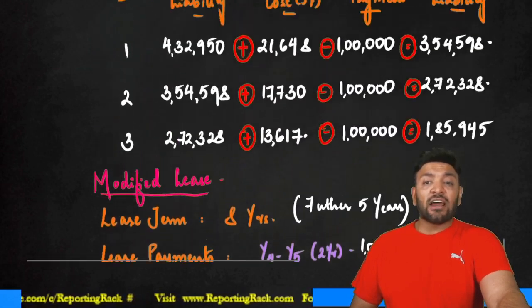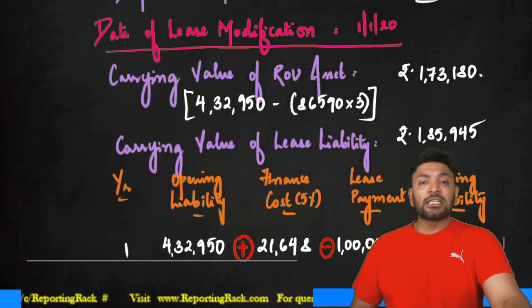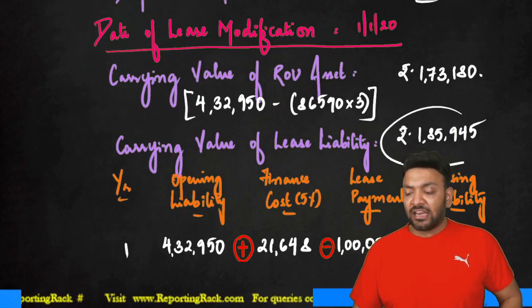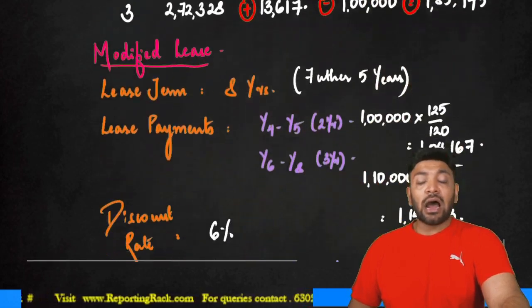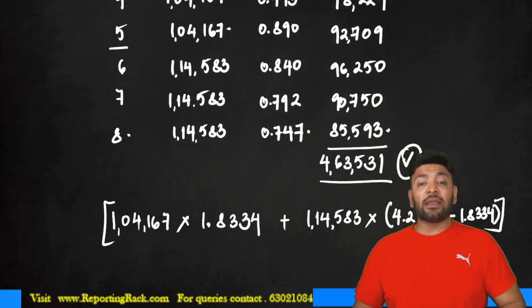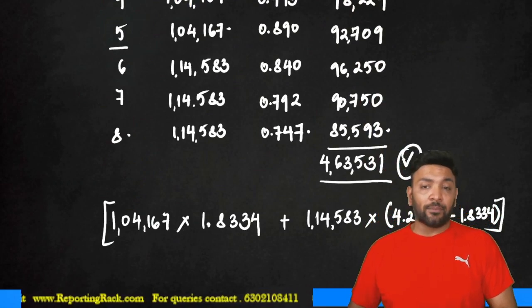What was the original value of lease liability? The original value of lease liability at the end of 3 years was 1,85,945. Now, after modification, the lease liability became 4,63,531.